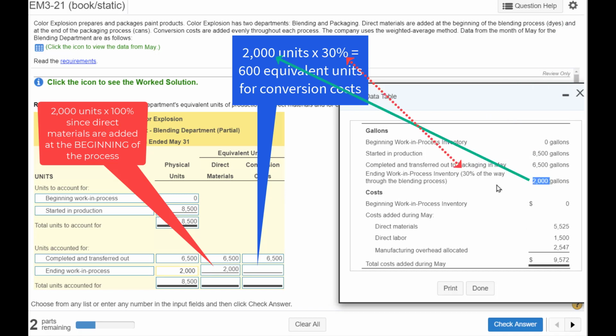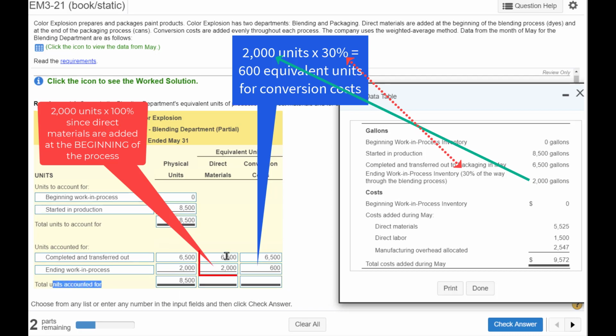So 2,000 times 30% gives us 600 equivalent units. Then to get the total units accounted for, we take 6,500 plus 2,000, which gives us 8,500. And then 6,500 plus 600 gives us 7,100.